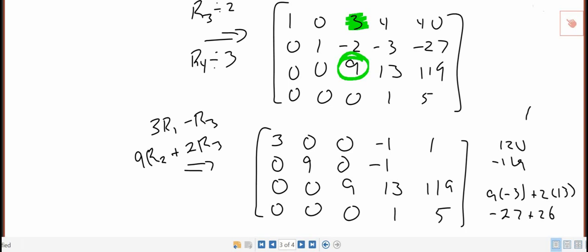And then the last row there, what about 9 times 27, and plus 2 times 119? Negative 243 plus 238. 5, maybe negative 5.